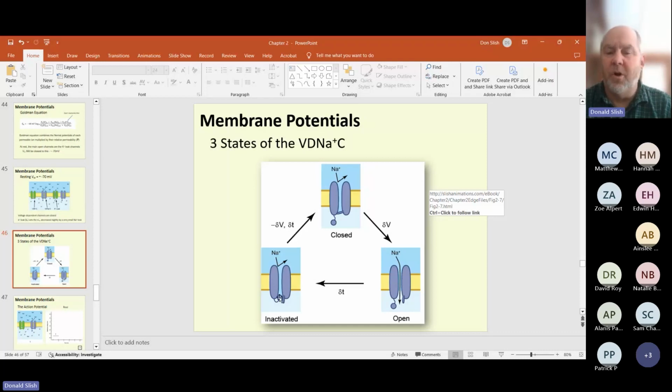Once it's here, it's not going to open again, because it's not controlled by the voltage gate, it's controlled by this inactivation particle, and it's going to stay in this state until you repolarize. So we've changed the voltage backwards. Once the cell repolarizes, it's going to take a certain amount of time for that inactivation particle to come back out, and then the channel becomes available again.